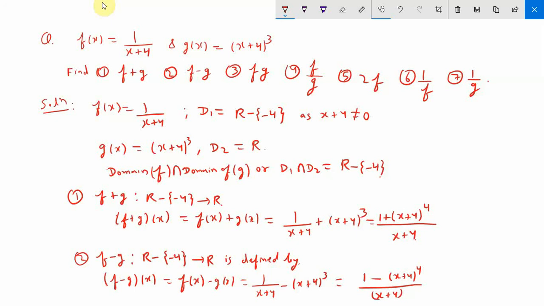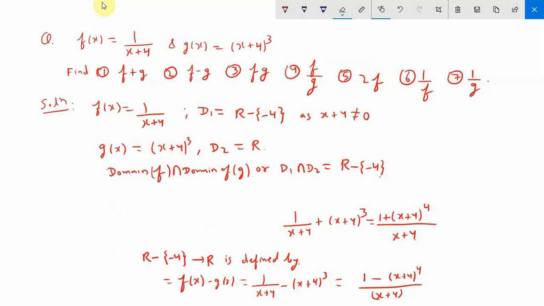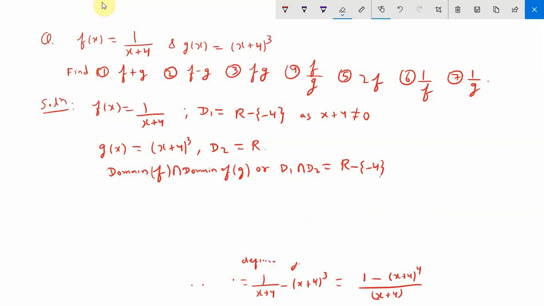Next we have to find f into g, fg. So let me clean this. So next we have to find f of g. So how we can find f of g? See, this is third one.